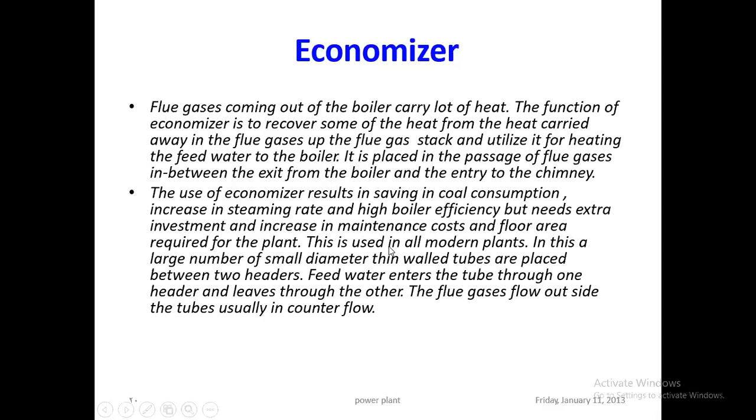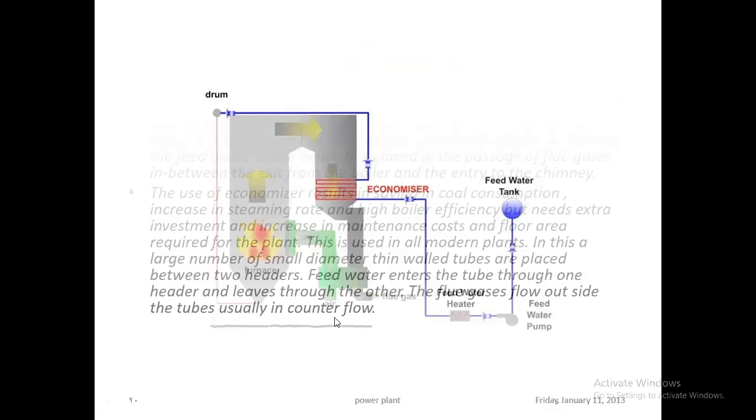This is used in all modern plants. In this, a large number of small-diameter thin-wall tubes are placed between two headers. Feed water enters the tubes through one header and leaves through the other. The flue gases flow outside the tubes, usually in counterflow.